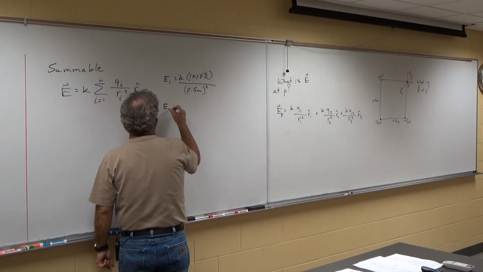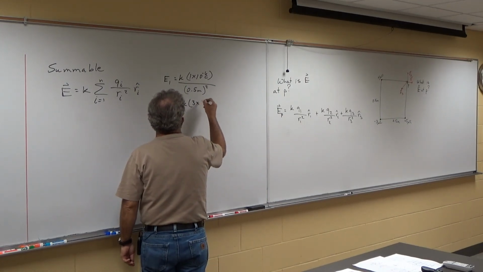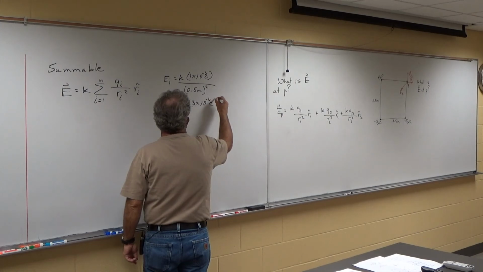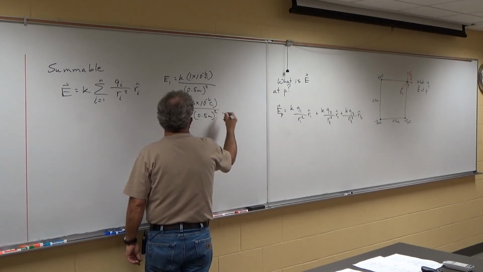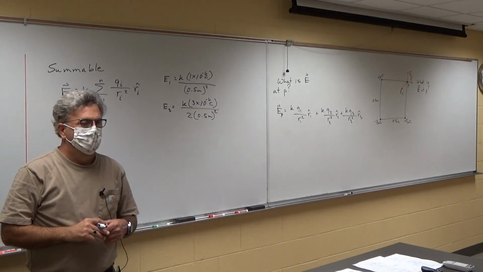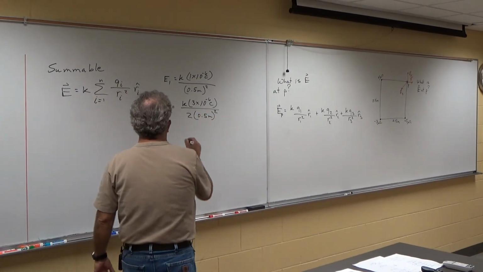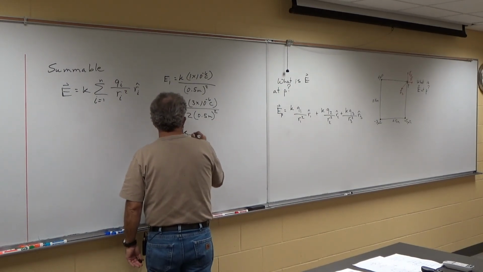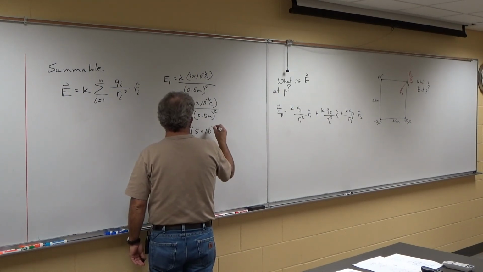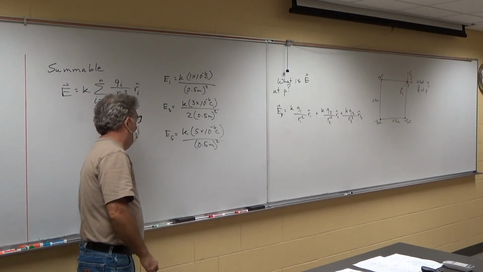E3, well, it's along the diagonal, so it's K times 3 times 10 to the negative 6 coulombs divided by 2 times 0.5 meters squared. Because it's farther away, it's along the diagonal. Then E5 magnitude is equal to K times 5 times 10 to the negative 6 coulombs divided by 0.5 meters squared.